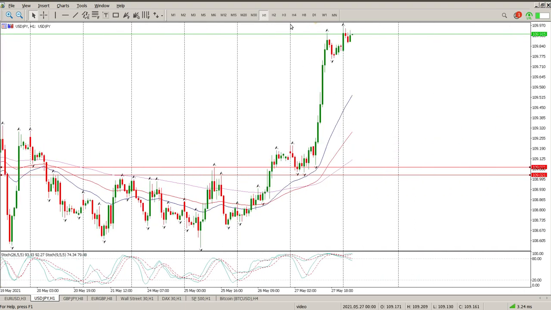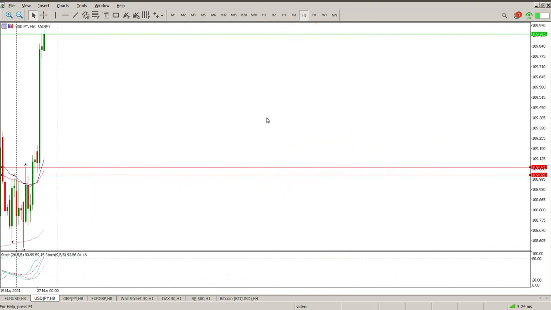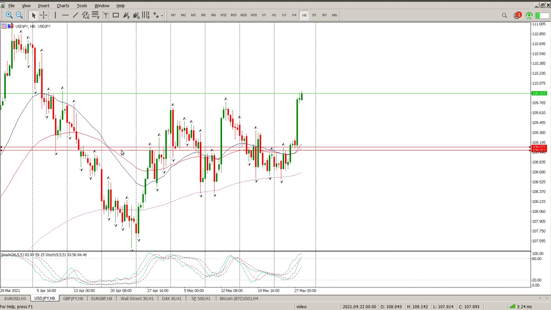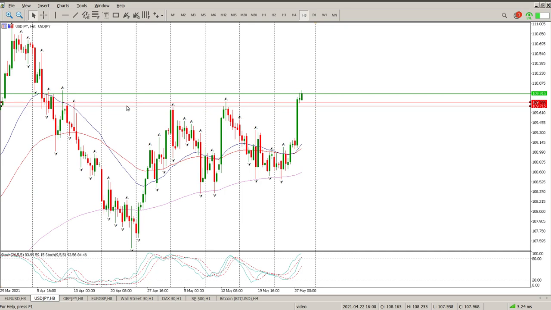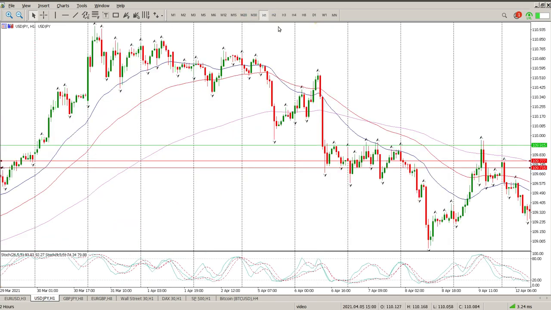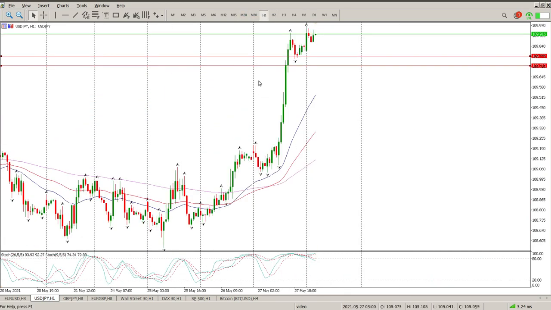Where we're going from here, obviously it's a strong move up, so I'm looking for a retest of this area here. Let's get to the hour. I can give it to you properly. So I'm looking for a retest of 109.777. That did happen yesterday, and then alternatively 109.715.